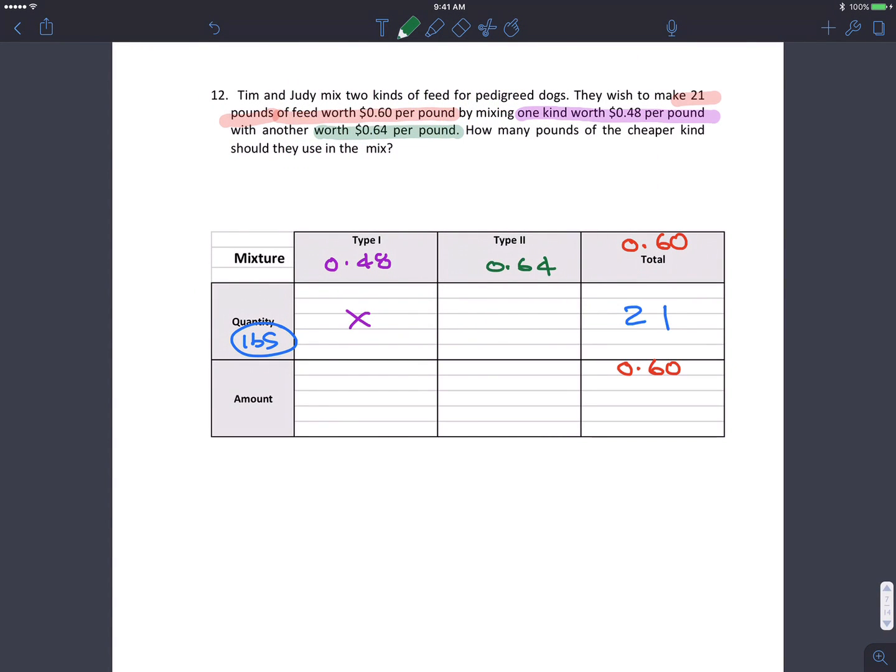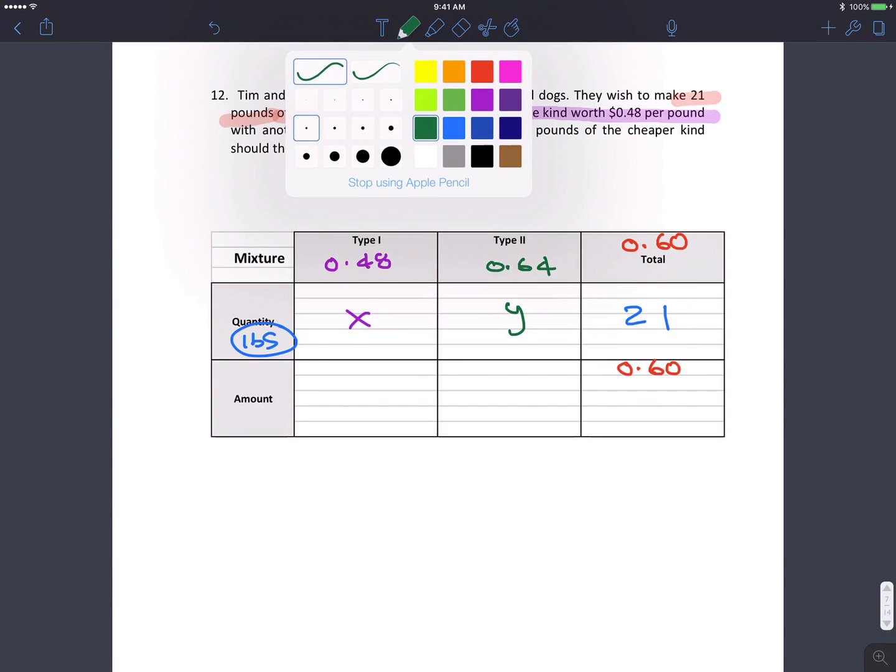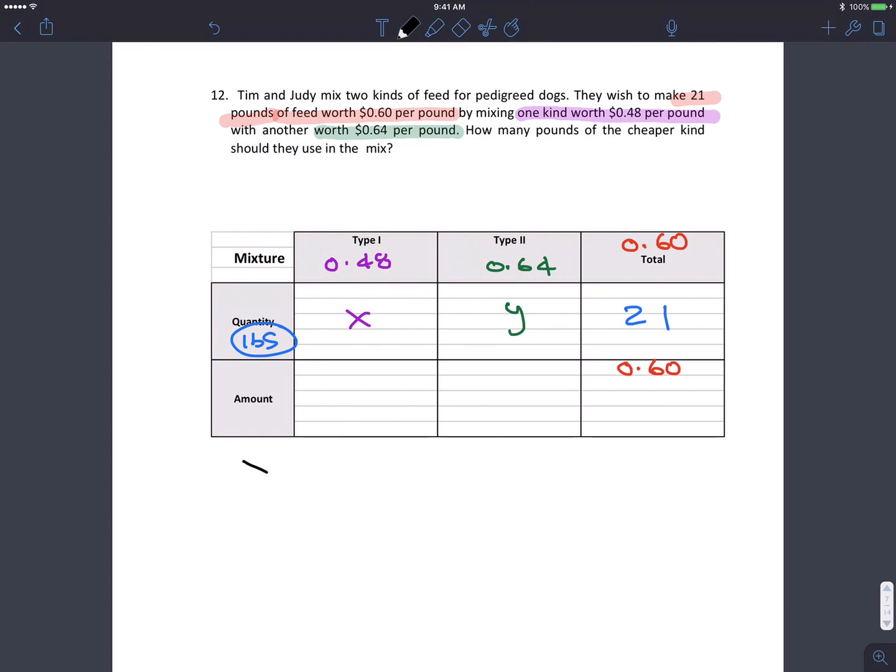They didn't tell us the quantity, it was silent there too. We're going to let the quantity there be Y. So the quantity equation is X plus Y is 21, because you have X pounds of type 1 and Y pounds of type 2. It is silent, but they told you the total is 21, so there's your first equation.